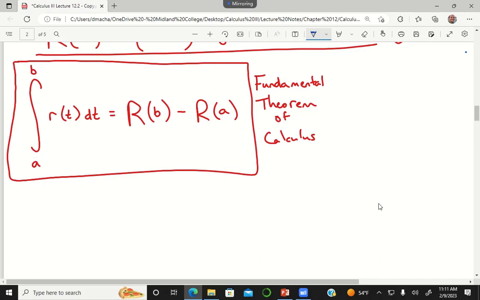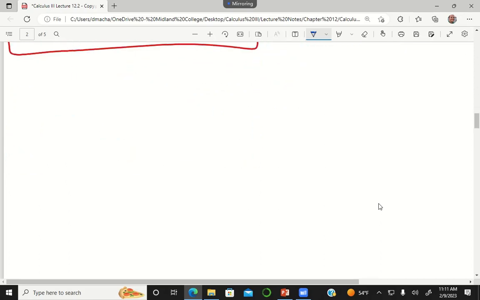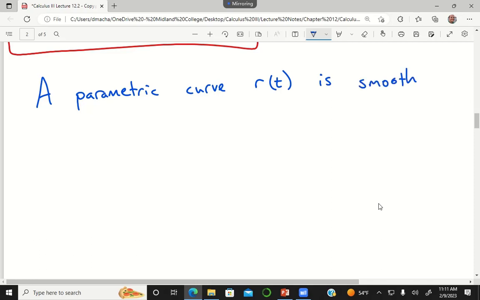Okay, what else? We talked about this last semester with parametric curves, but it's worth saying again that a parametric curve r of t is smooth if r prime of t is continuous and not 0.